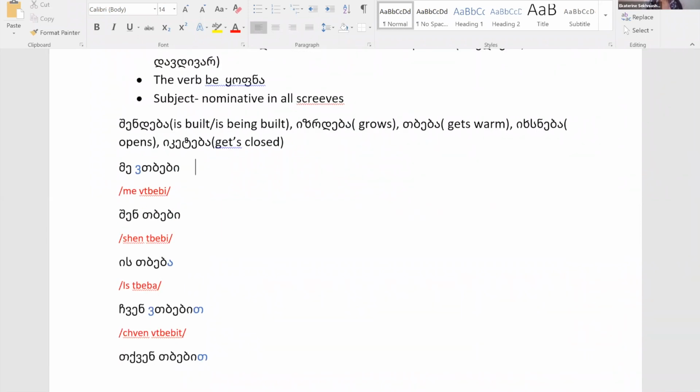What if I ask Tomek now to go through the verb, me, I get red. For example, I blush, I get red. Me vწითლდები, me vწითლდები. Conjugation. First person has a marker.